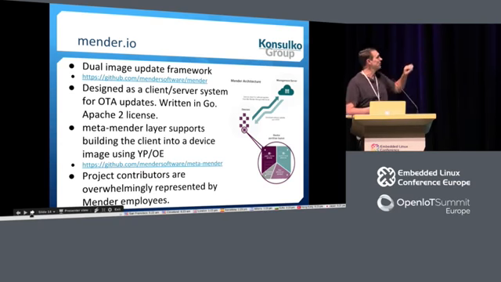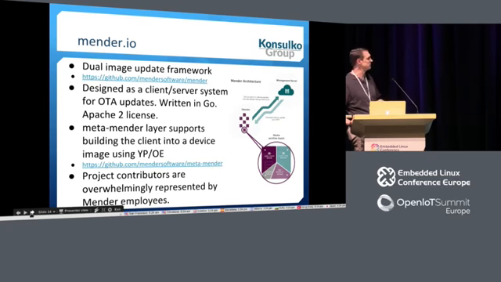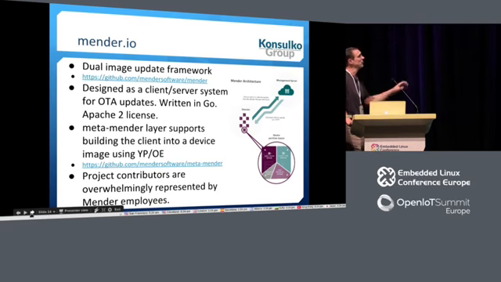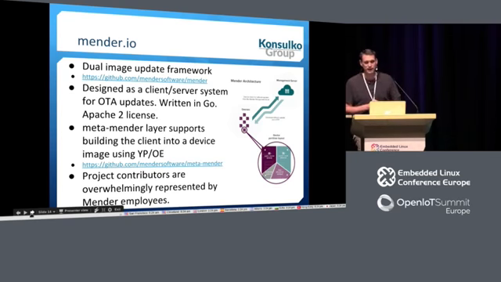You can find the project there that the team at Mender maintains on GitHub. It's designed as a client-server system fundamentally. As opposed to software update, which is just the client on the system and deals with a web server, Mender has both a client and a separate server. It's written in Go.